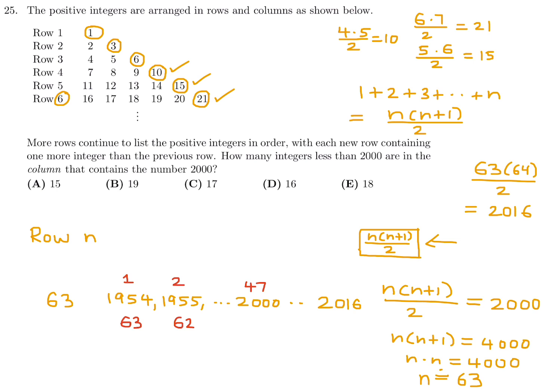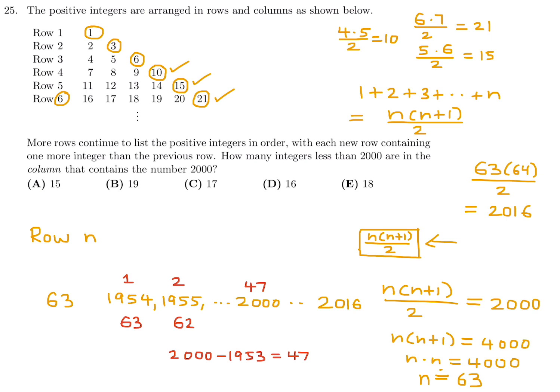Or what you can do is you can just take 2000 and subtract from it 1953. Okay, you can do that as well. 2000 minus 1953. Not 1954, 1953. And if you do that, you also get 47. It's the 47th term in that row.